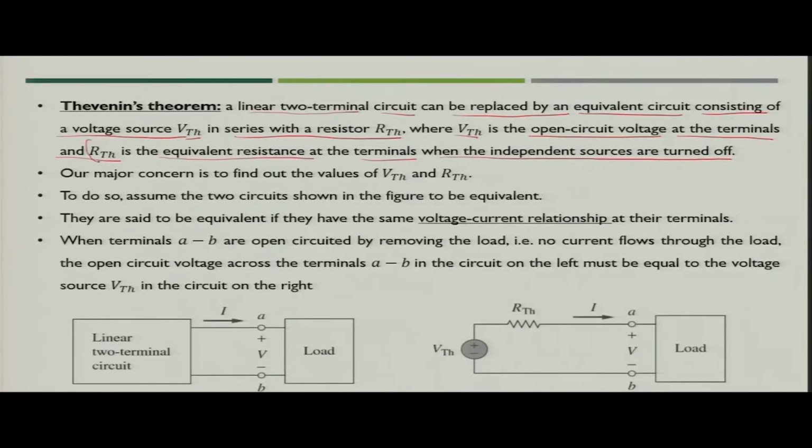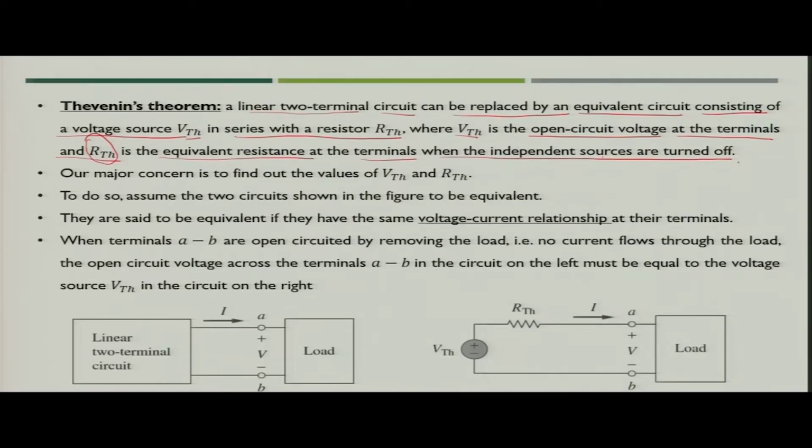When we calculate the value of RTH, we create the equivalent circuit by switching off the independent sources. Switching off an independent voltage source means you short circuit it, and an independent current source means you open circuit it.